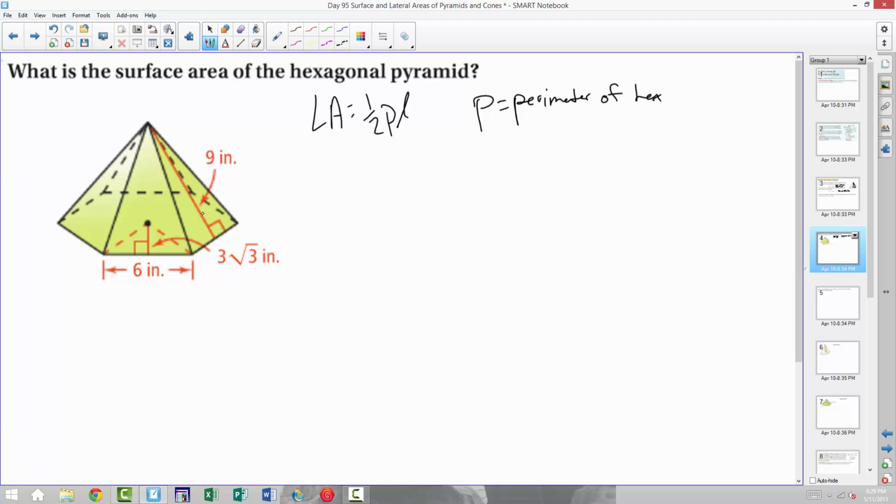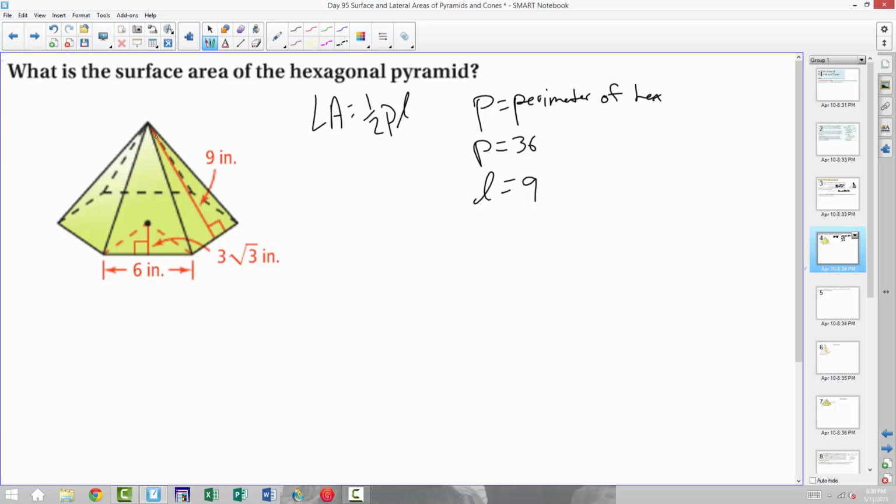It's a regular hexagon, and a hexagon has 6 sides, so the perimeter is 36. The slant height is 9.